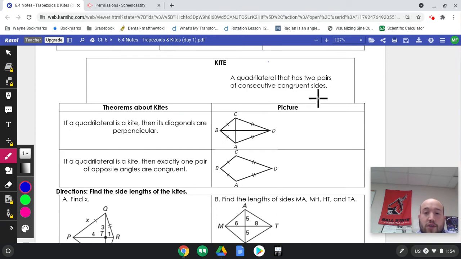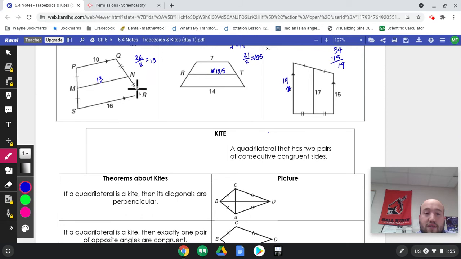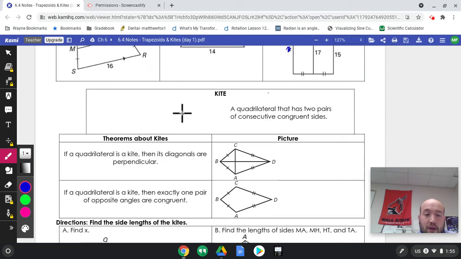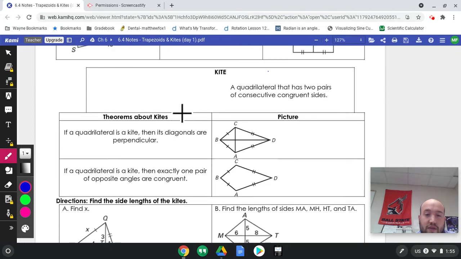Okay, so much like on the trapezoid, we knew consecutive angles, so like next to, one after the other. With this, consecutive sides. So here's a picture of the kite. You see how the sides next to each other are congruent? These sides next to each other are congruent.